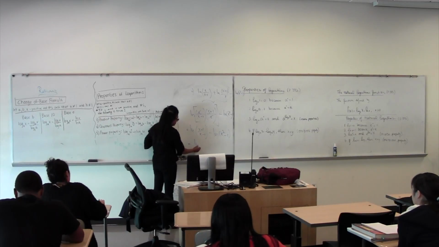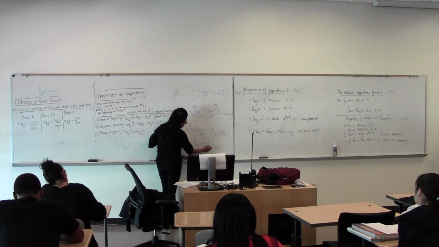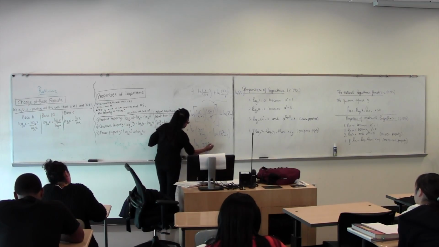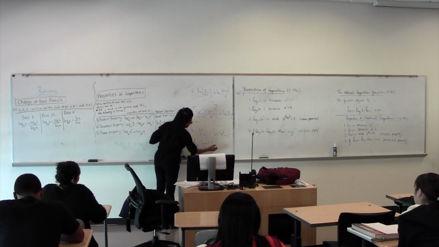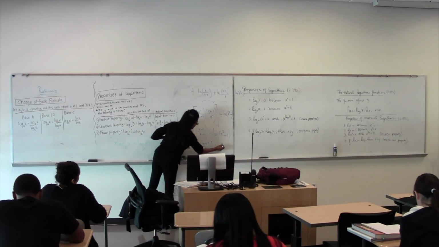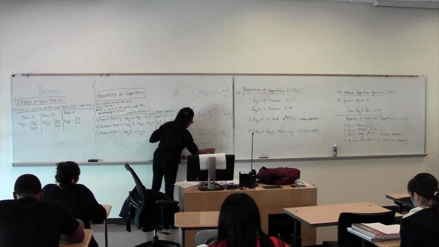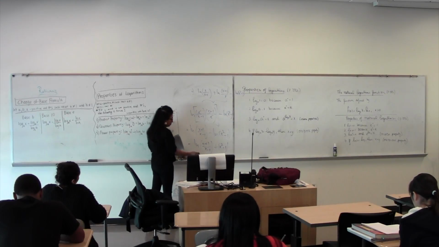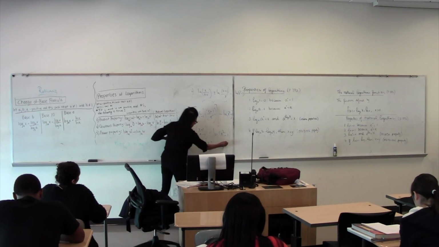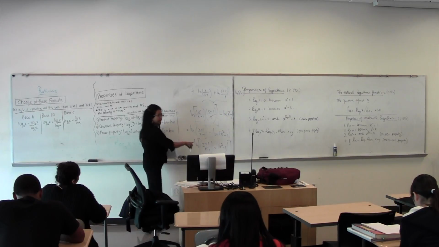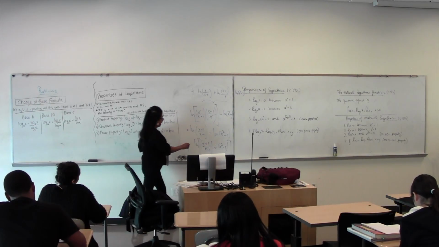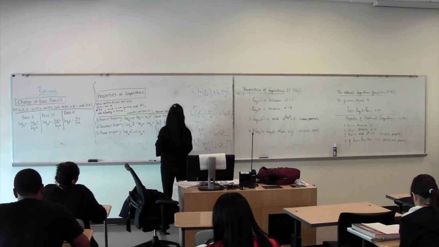Division rule. So ln of x plus 1 over x minus 1, this whole thing, divided by this thing, x squared minus 1. So when you have a fraction, write it like a division sign. So this whole thing you can simplify. You guys see that? I write like that so that it's easy for you to simplify.